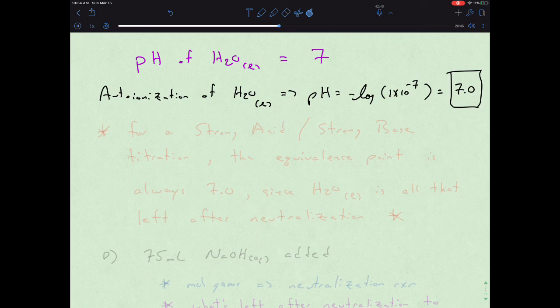So even though we have 5 times 10 to the negative 3rd moles of water, remember that water is going to simply dissociate into equal quantities of hydronium and hydroxide, both in equal concentrations to get your pH of 7.